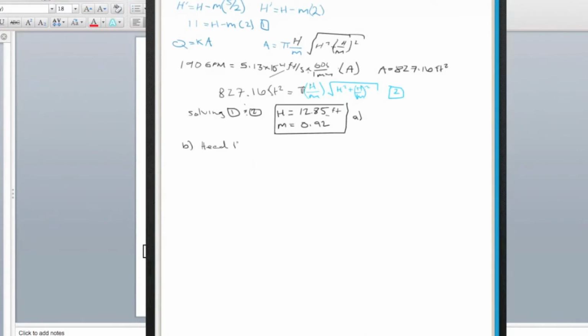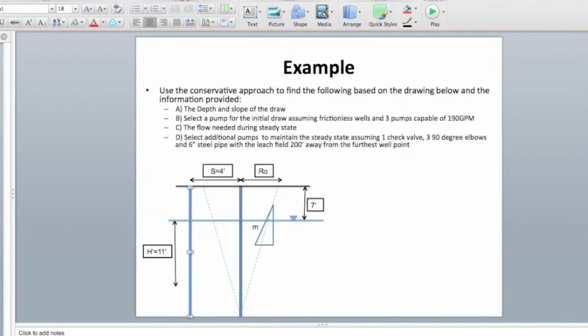It's going to be 12.85 feet, and looking here, our height above is about 7 feet, so we'll just use 10 feet as height above the water surface.